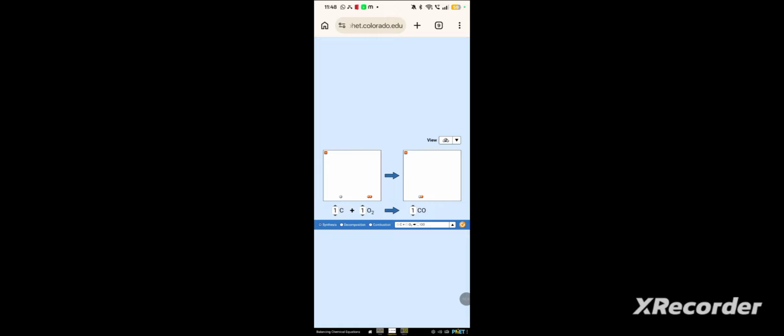Then it gives carbon monoxide. Here there is one carbon monoxide molecule. So in the reactants, carbon and oxygen, we count 1 carbon and 2 oxygens. In the product carbon monoxide, 1 carbon and 1 oxygen.